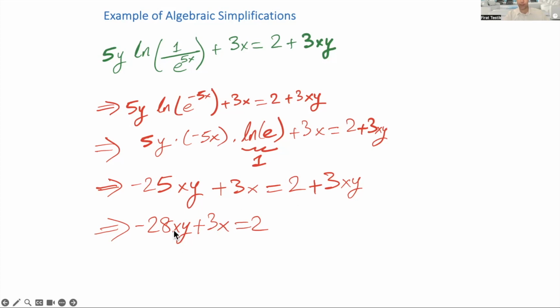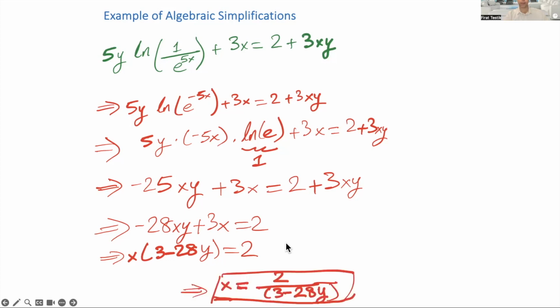Now we have x as the common term on the left side of this equation, so we can put it in parentheses: x times (3 minus 28y) is equal to 2. And we can further manipulate this expression as x equals 2 divided by (3 minus 28y). So basically, we obtained an expression for x as a function of y, as you can see in this boxed area.